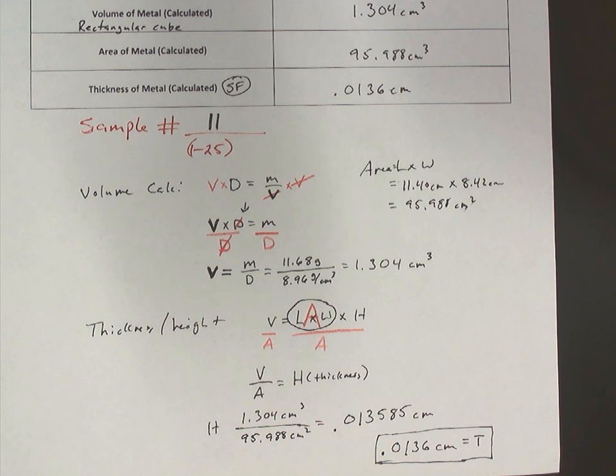In this one, we couldn't measure the thickness, so we had to find the volume from density and mass. So you always are going to find the volume from density and mass, and then use the volume equation to solve for that immeasurable aspect.